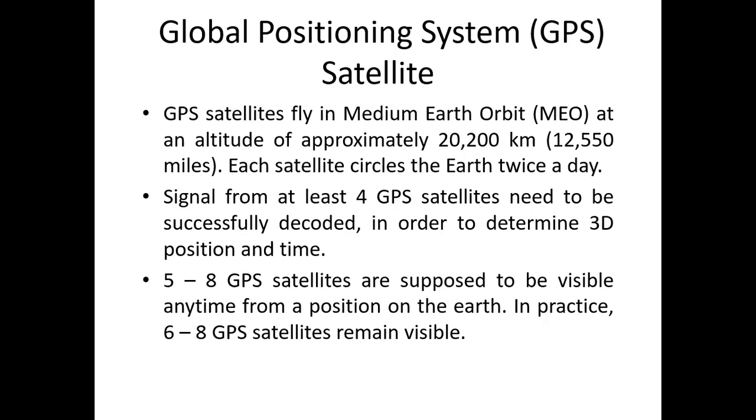Now, in practice, 6 to 8 GPS satellites remain visible in the sky. Okay, so 4 is enough, but more than 4 is accommodated. So all GPS satellites help you equally.